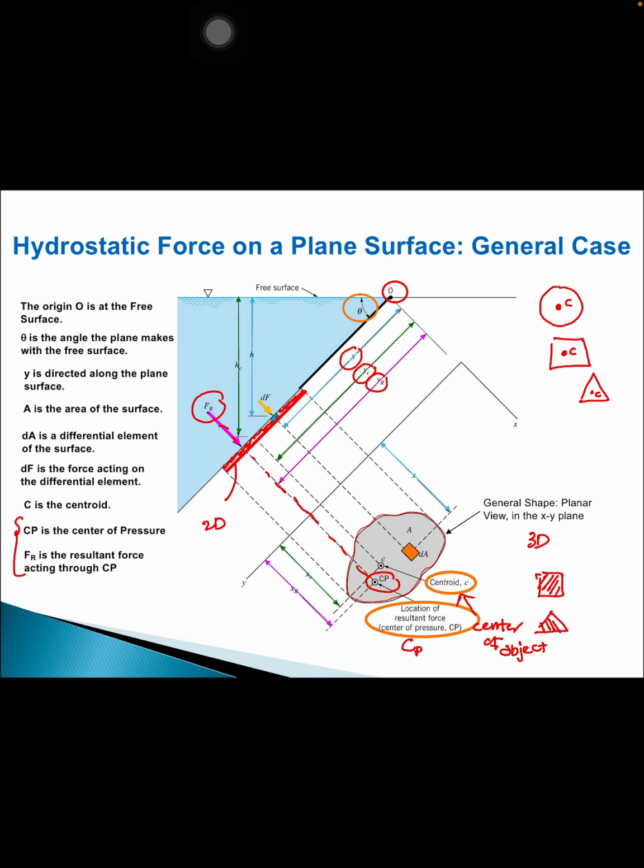YR means the distance, along the theta angle, to the point of CP. You can see this is the point of the centroid, this is the point of CP. So YC is related to the centroid, YR is related to the CP.